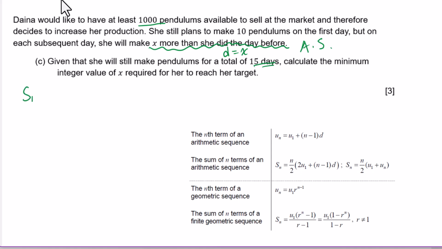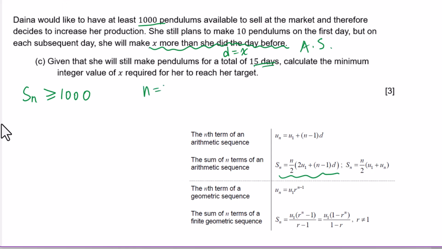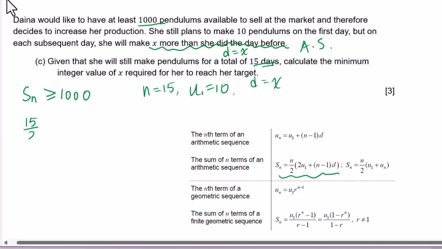S sub n greater than or equal to 1,000. We will use this formula. We are given n equals 15, u sub 1 equals 10, D equals X. So 15 over 2 times 2 times 10 plus 15 minus 1 times X greater than or equal to 1,000.